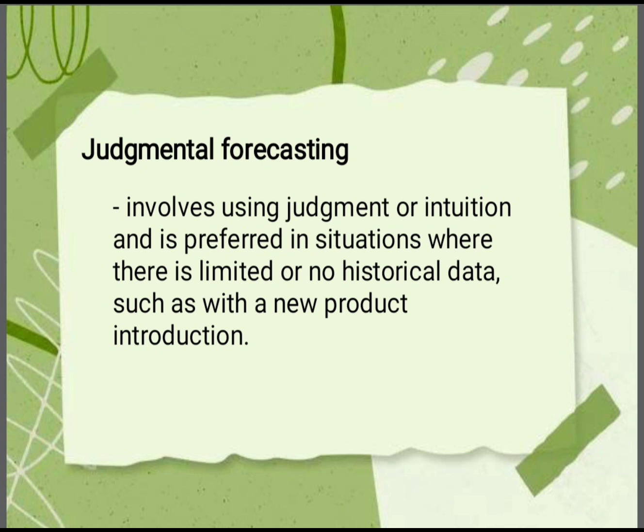When a new product is introduced into the market, there is limited or no historical data about that product. Judgmental forecasting is a technique used in surveys and analogs. Survey forecasting uses questionnaires in order to learn about customer preferences and intentions.